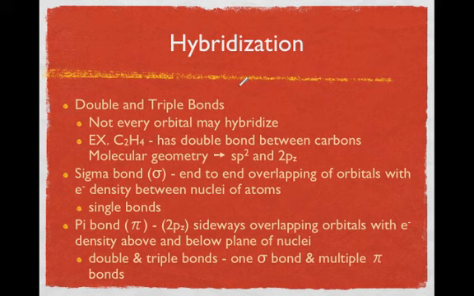In a double bond, only one hybridizes, and that's the one called a sigma bond. The second one that does not hybridize is the pi bond. In a triple bond, you have one sigma and two pi bonds. So the pi bonds are the unhybridized bonds.